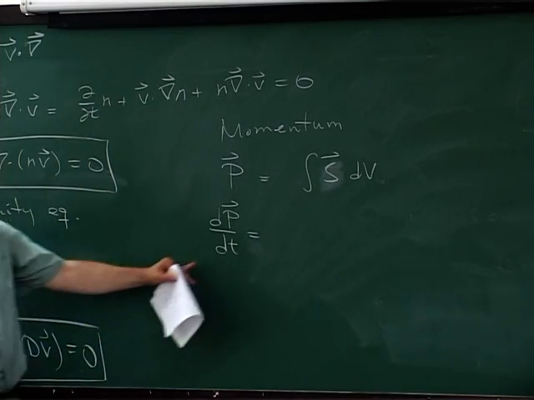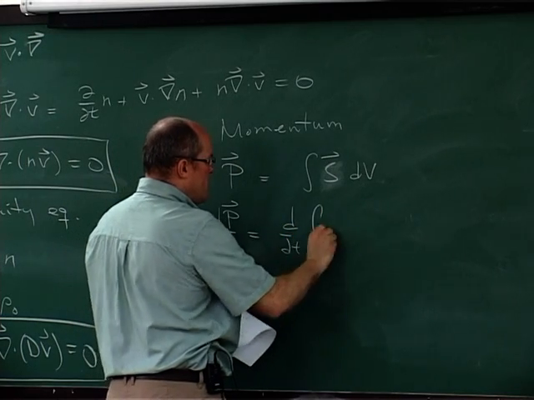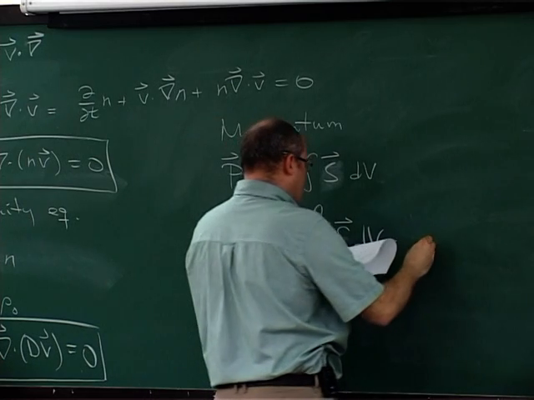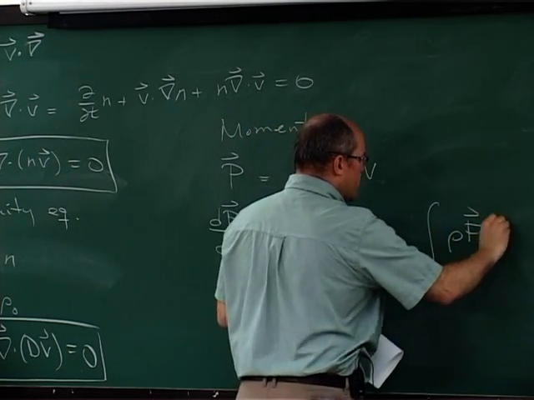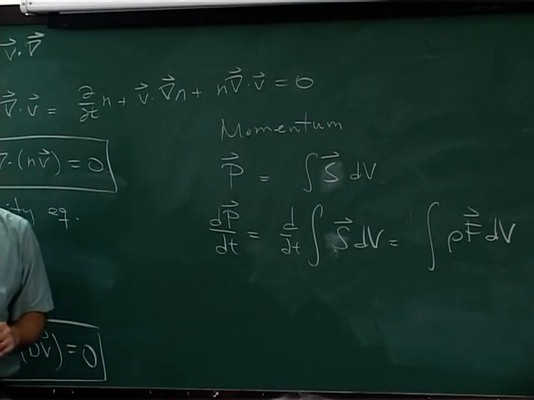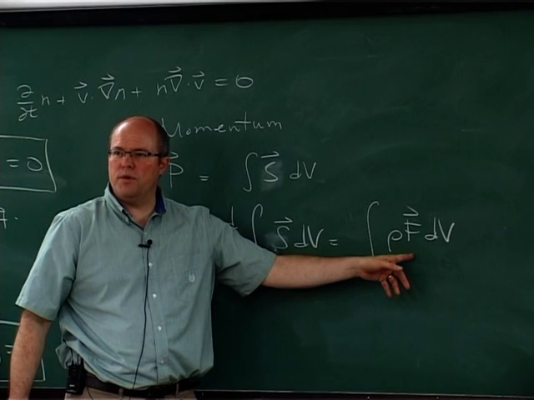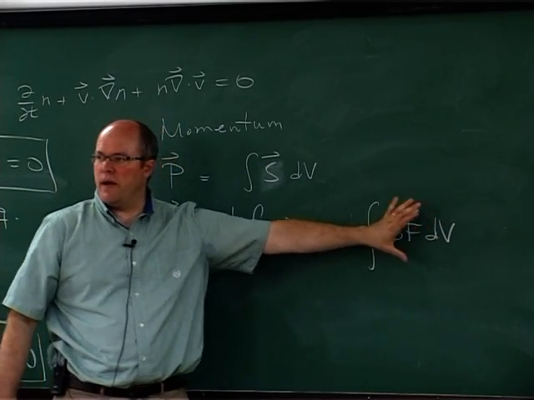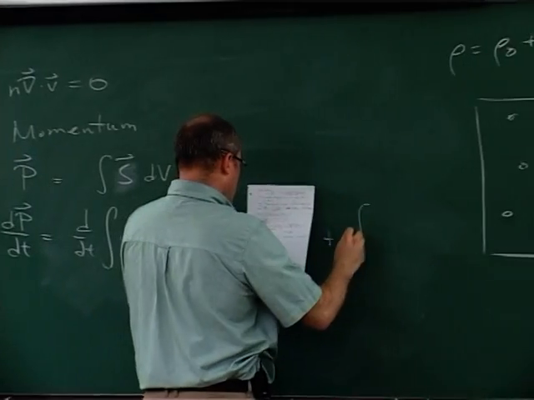And so instead of the right-hand side being simply equal to 0, I have to consider the fact that there could be body forces, external body forces. When you do this in classical mechanics, you usually consider gravity. This is some external force that's acting on the particles in the volume, like gravity. And then I also have surface forces.